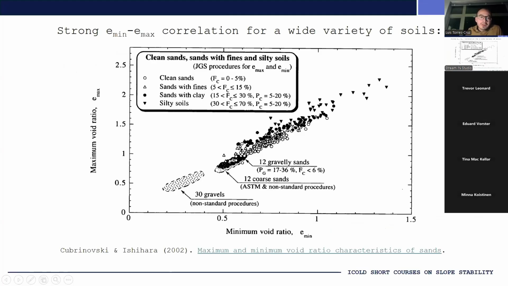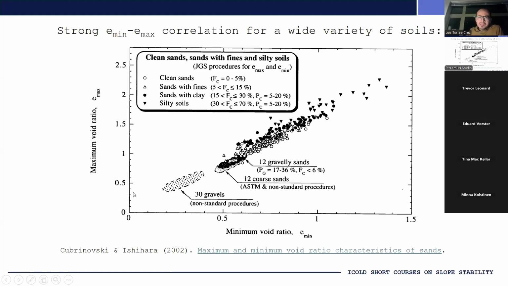This is a figure from a 2002 paper, and it is showing maximum versus minimum void ratio for a wide variety of soils that go from clean sands to also gravels, all the way to silty soils where the fines content can be as high as 70%, and the clay content can be somewhere between 5 and 20%. And all these soils have their Emax and their Emin determined with the procedures of the Japanese standard.